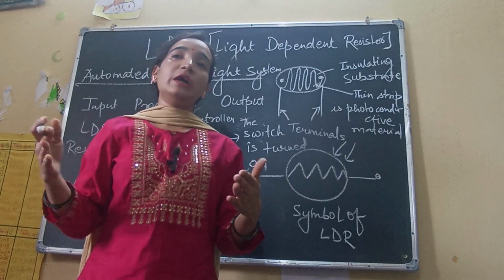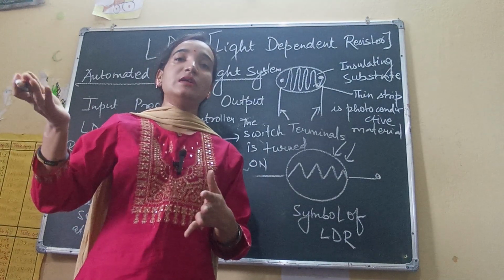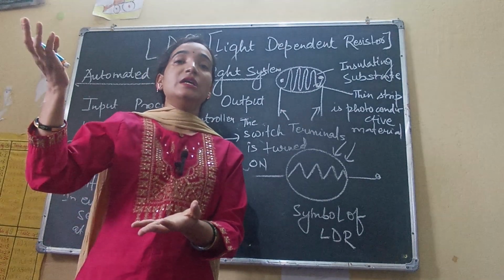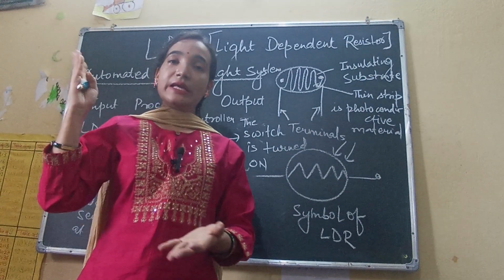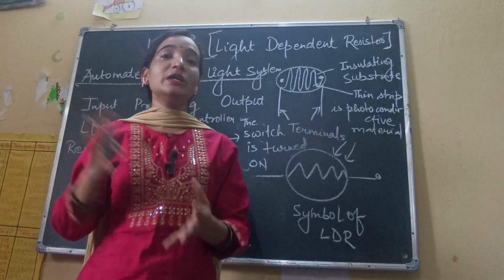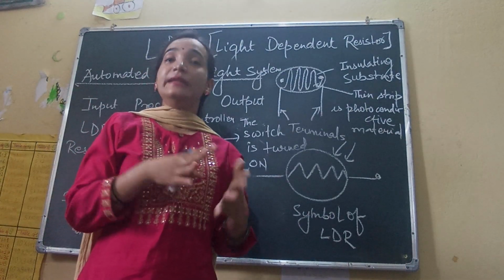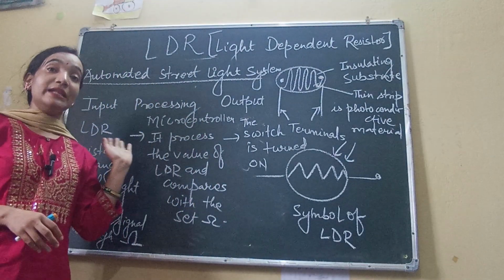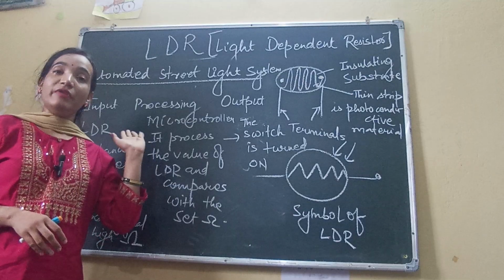It will stay on till the morning, and at dawn, when the intensity of the light starts to increase, the resistance of the LDR decreases and the conductivity increases.